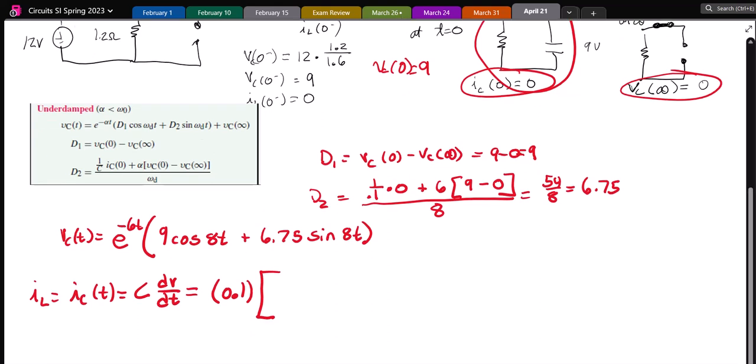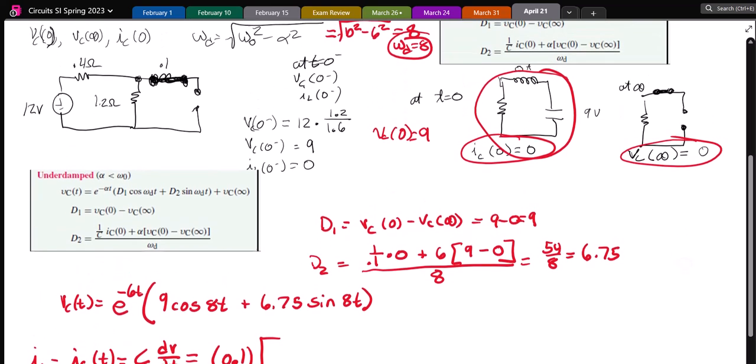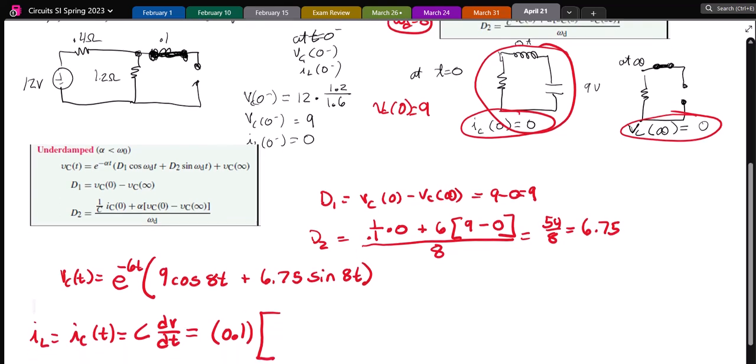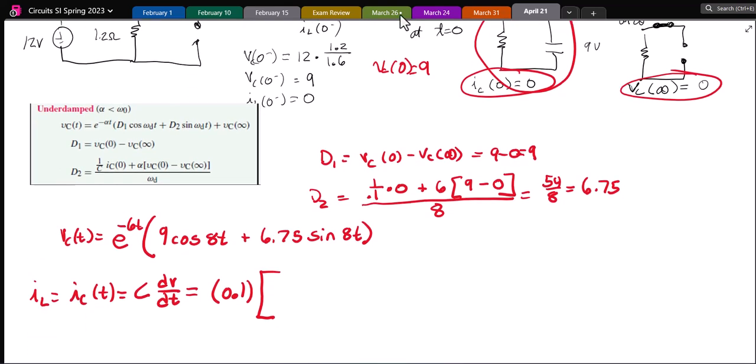So when the computer started misbehaving, derivative we discovered of that e to the negative 6, the voltage across the capacitor, but the problem asked for the current across the inductor. And we said, well, they're all in series, so if we can find the current across the capacitor, then that's the same as the current across the inductor, so IL has to equal IC.